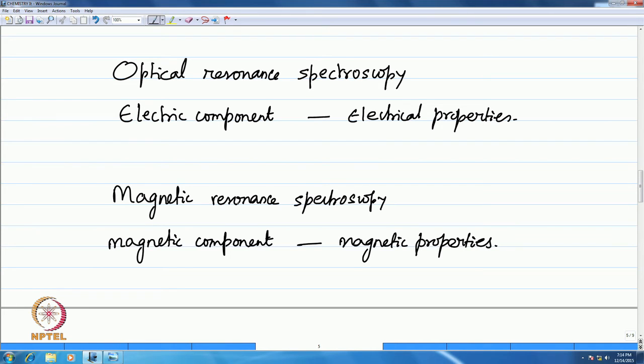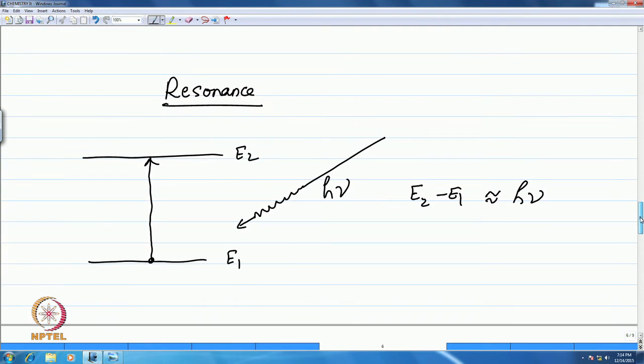We shall use for most of our studies the elementary but extremely important concept of resonance.